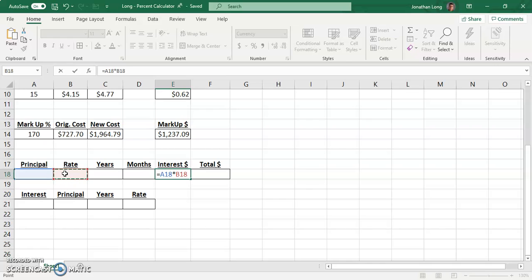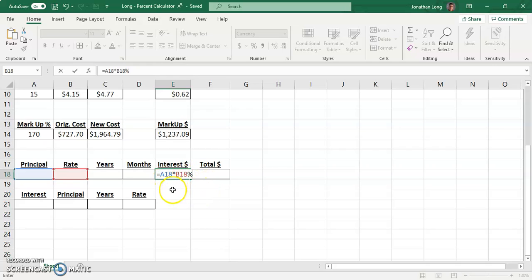Whatever number is in the rate box, if we put a percent sign, shift 5, it will automatically calculate it as a percent, which is what we want. So it'll automatically move the decimal for us. So we're going to put a percent sign in this time instead of divide by 100. So I have my principal times rate times time.